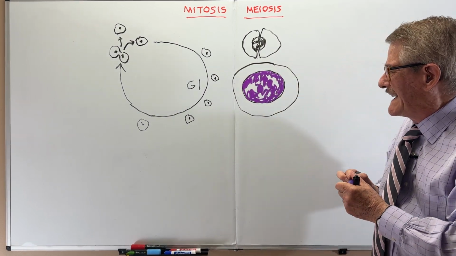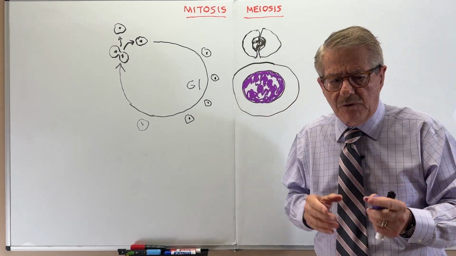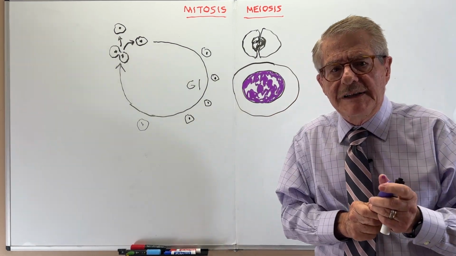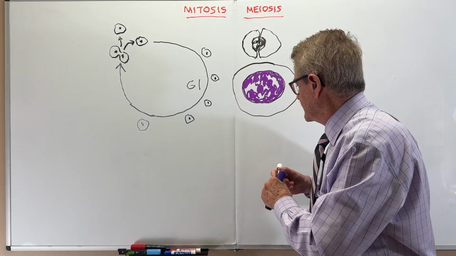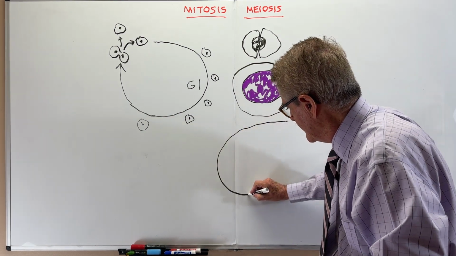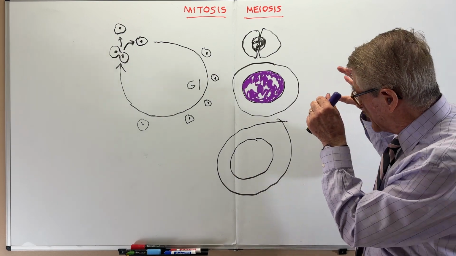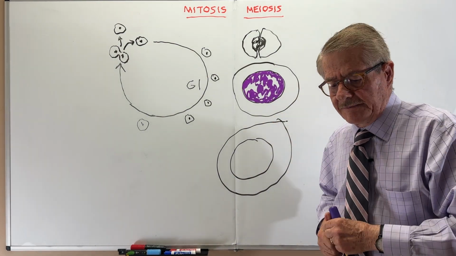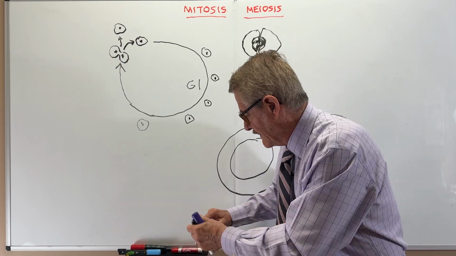Okay, so what is really going on in this cell if you focus on the DNA, on the chromosomes? Well, what you would really have is something like this. You would have a nucleus. If you could really look into this cell, you would see that these chromosomes are going to be like this.